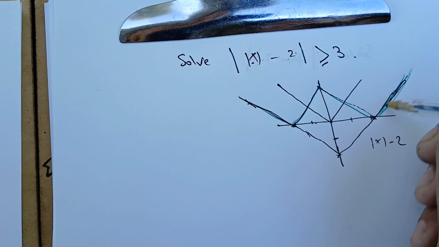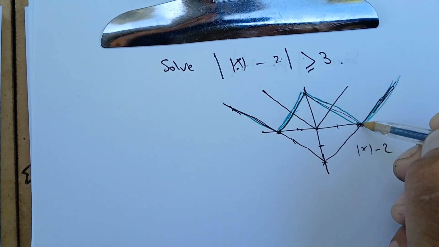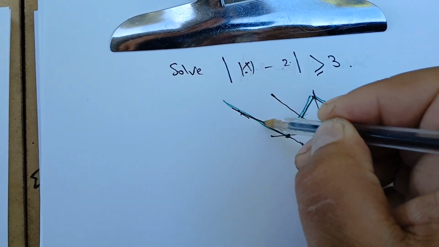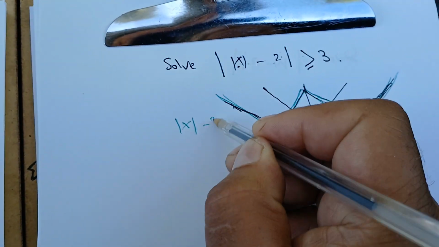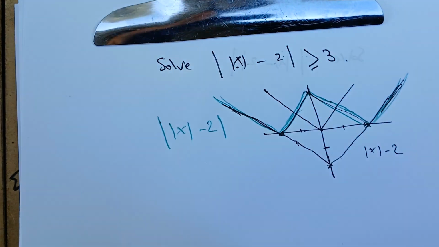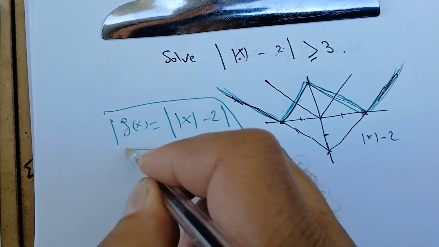I'm doing my best to make it look the way I want it. So this is the graph. Let's call it g of x.